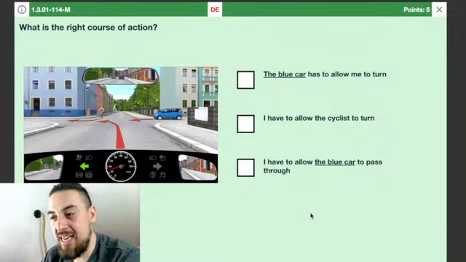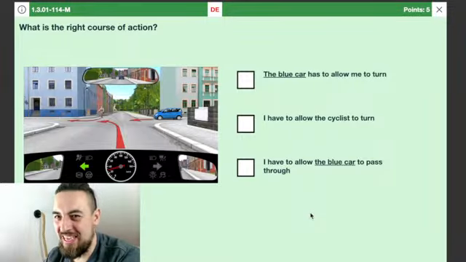The blue car has to allow me to turn. I have to allow the cyclist to turn. I have to allow the blue car to pass through. So what are you thinking? What do you think? 1, 2, 3, some of them, all of them? I think that is not that difficult.